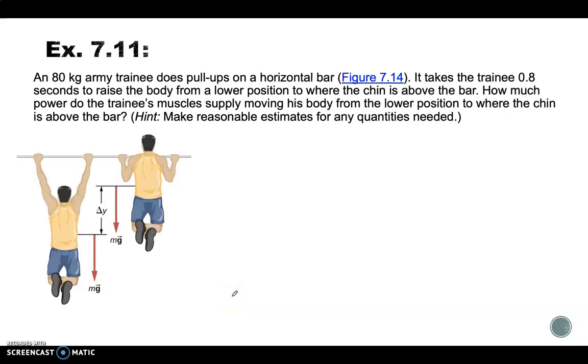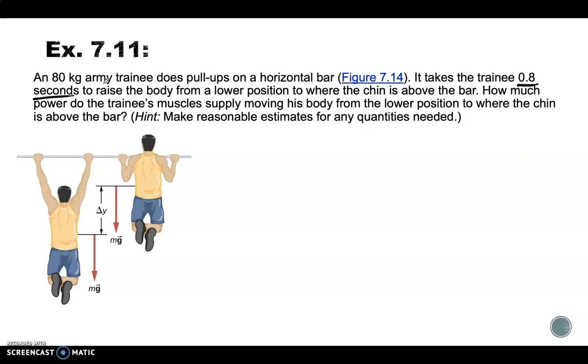Okay. So let's go ahead and use this in an example. 7.11. It states an 80 kilogram army trainee does pull-ups on a horizontal bar. It takes the trainee 0.8 seconds to raise his body from a lower position to where the chin is above the bar. How much power do the trainee's muscles supply moving his body from the lower position to where the chin is above the bar?